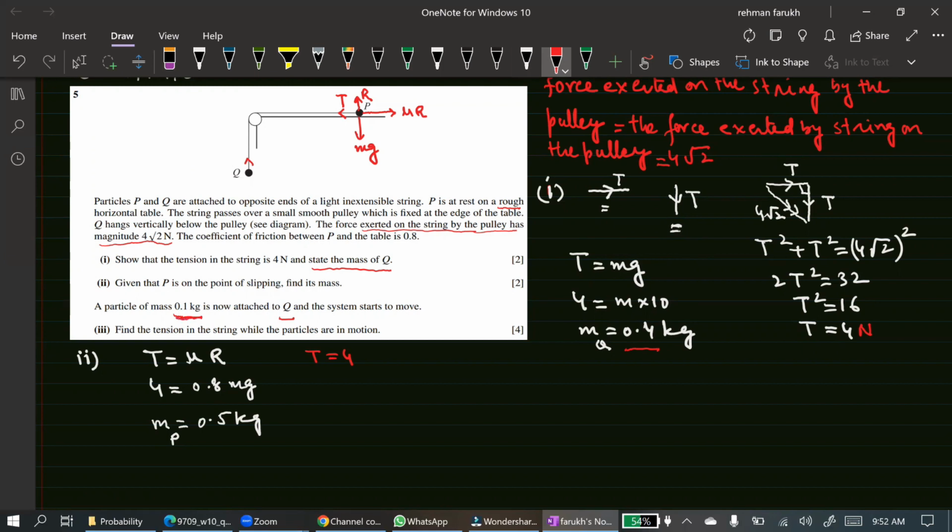Now the mass of Q is 0.5 kg, so a 5 newton force will act downwards. The tension in the string is T.